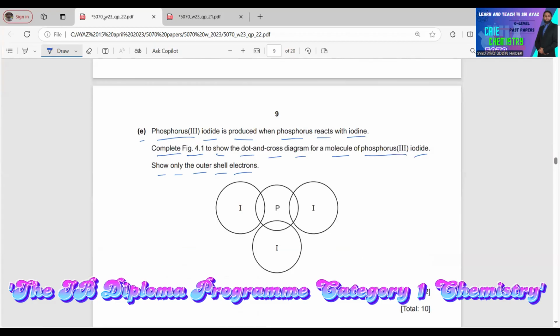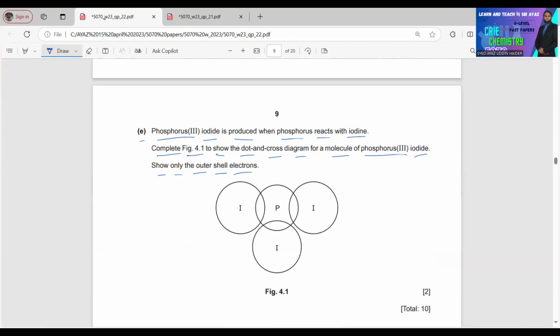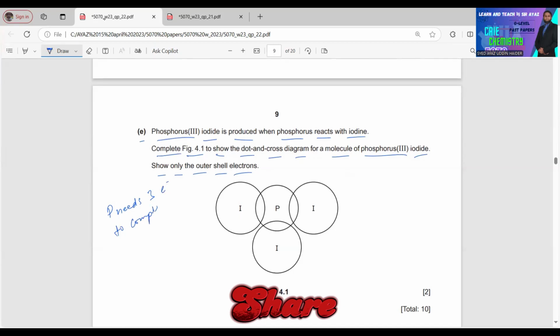In this diagram, one phosphorus atom shares 3 of its valence electrons with iodine atoms. The reason is that phosphorus is in group 5 and it needs 3 electrons to complete its valence shell.